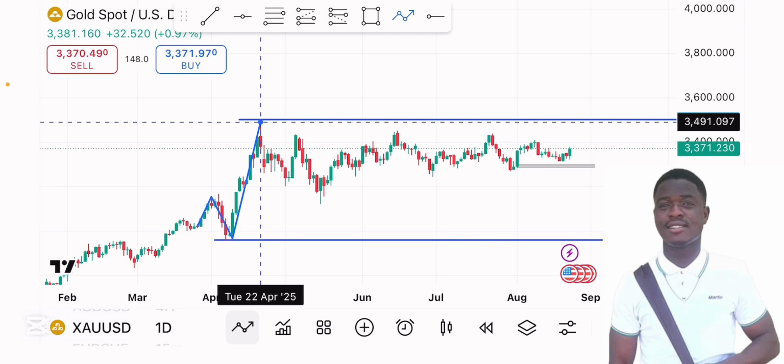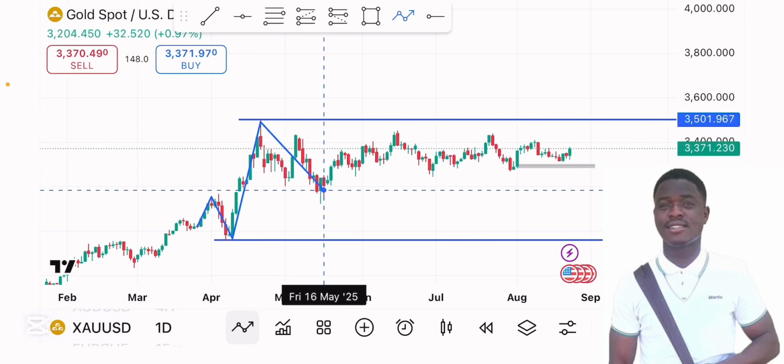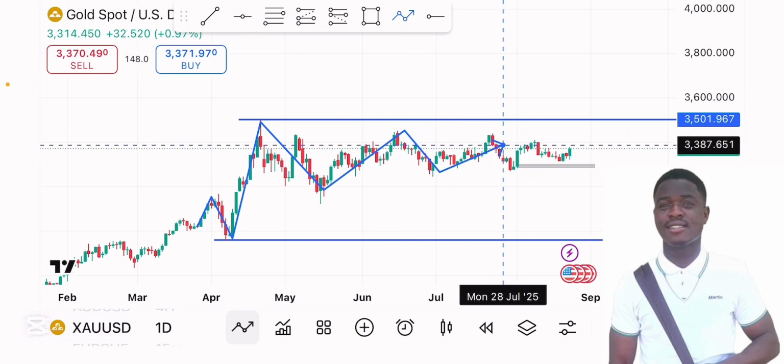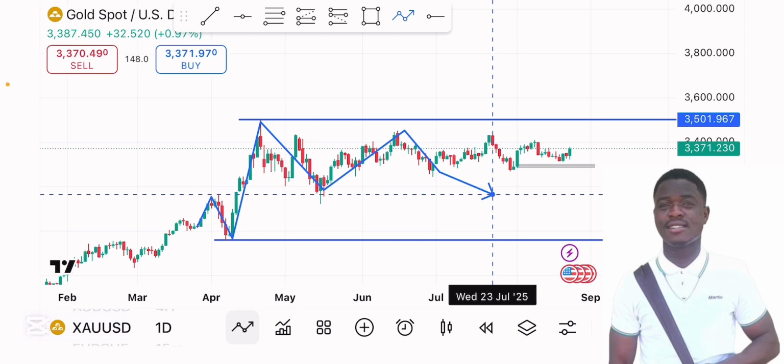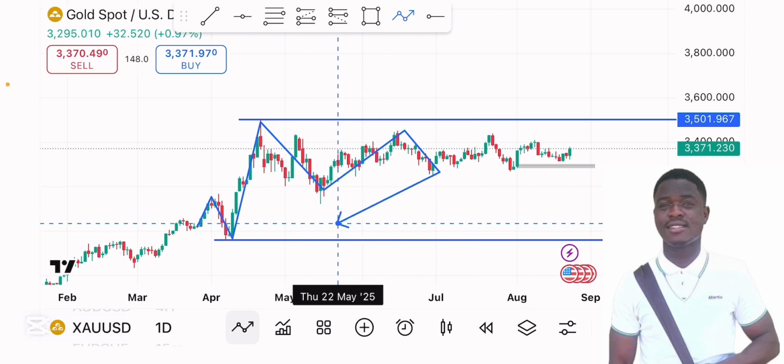Ever since then, the market has been consolidating between this resistance and support level, these two places. It hasn't taken out this high, neither has it come lower to our discount zone.